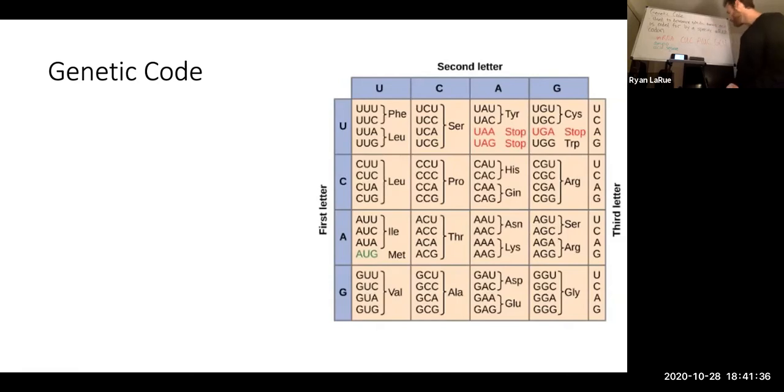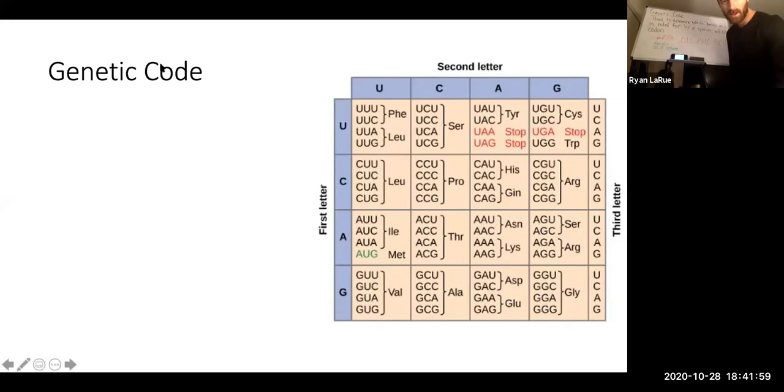I don't have an AUG, right? CUC, AUC, and GCU. Joey's got it. He's quick.